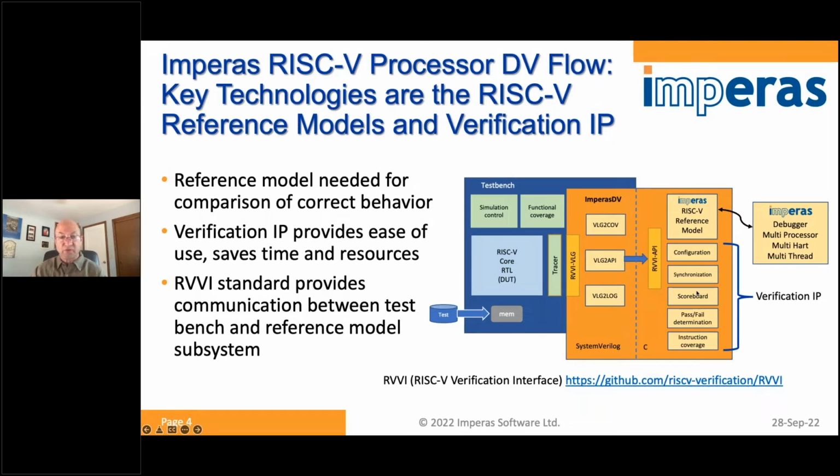This supports a full, actually asynchronous step and compare flow for DV of the most complex RISC-V processors. It also uses RVVI, the RISC-V verification interface, a new verification standard developed for RISC-V DV.